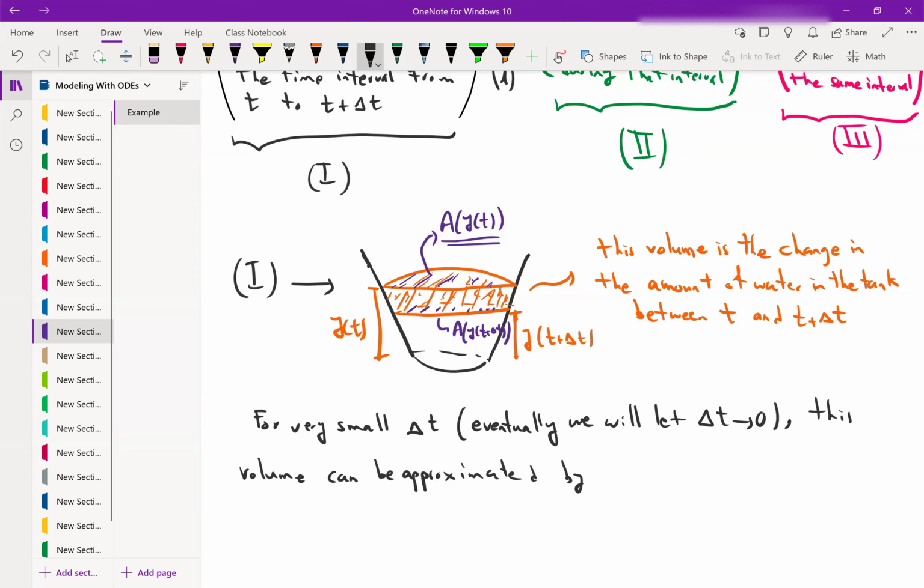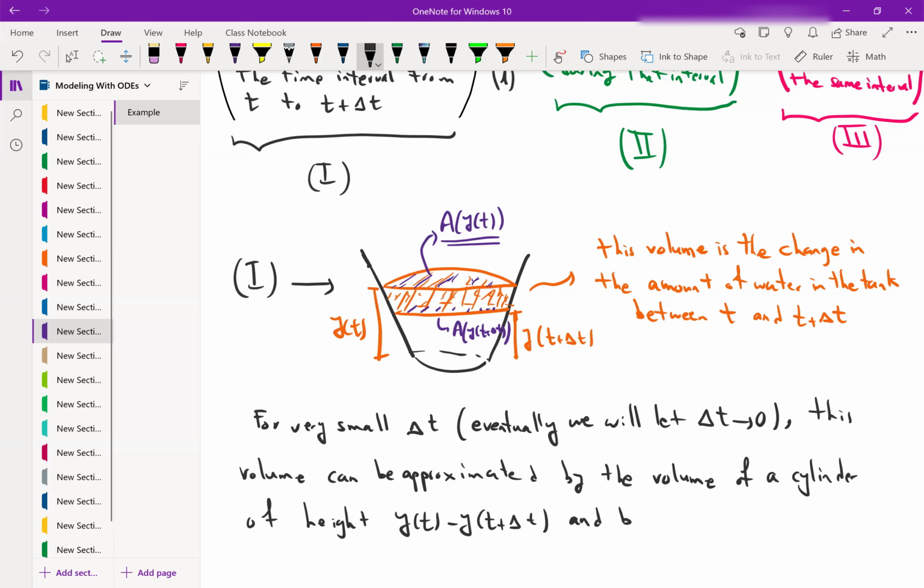All right, this volume can be approximated by the volume of a cylinder of height y of t minus y of t plus delta t and base A of y of t.